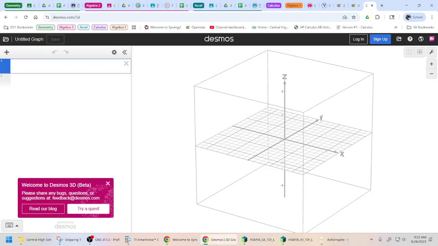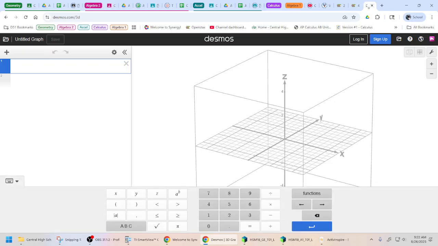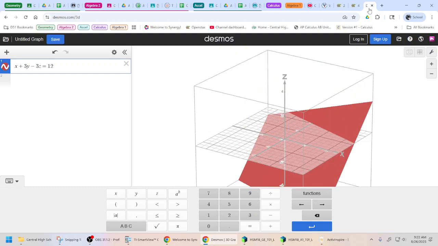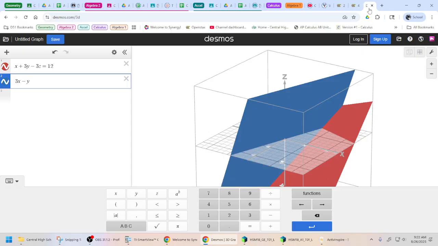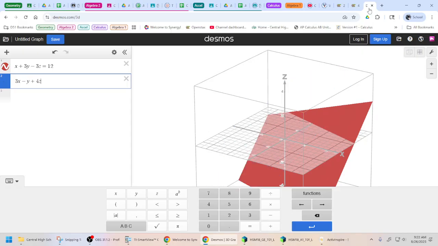Let's go ahead and try this. So we get x plus, if you want to pull yours out and try this too, that would be cool. If you're fast. Equals 12. Alright? 3x minus y plus 4z equals 0.